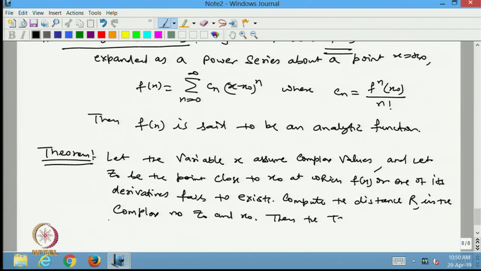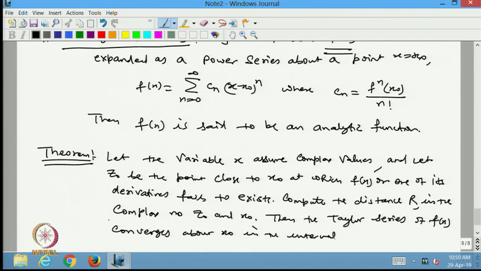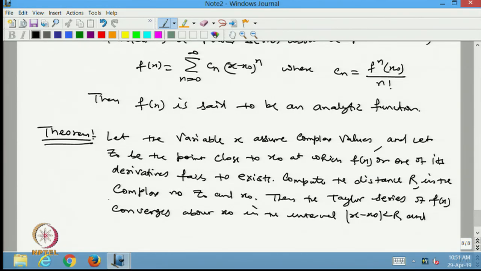Then the corresponding Taylor series of f(x) converges about x naught in the region, in the interval |x minus x naught| less than r, and diverges for |x minus x naught| greater than r.